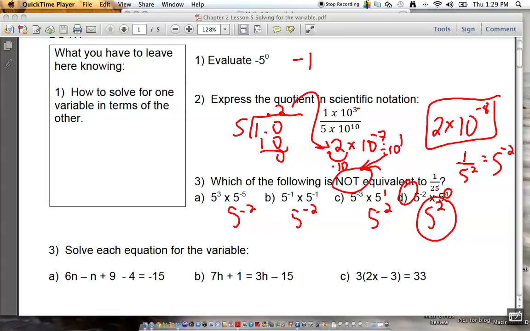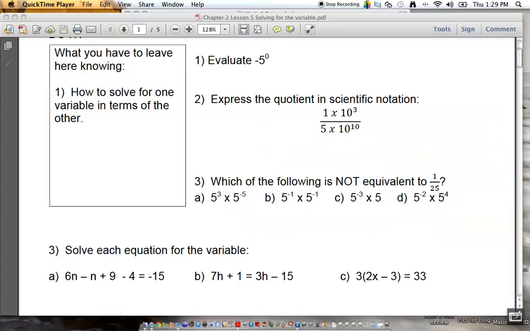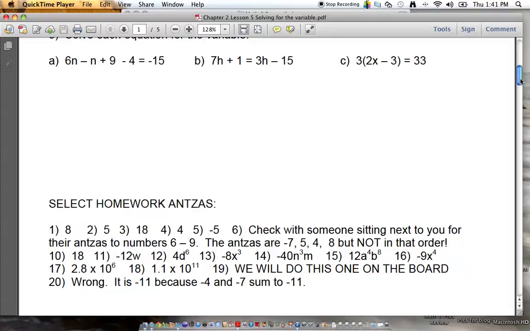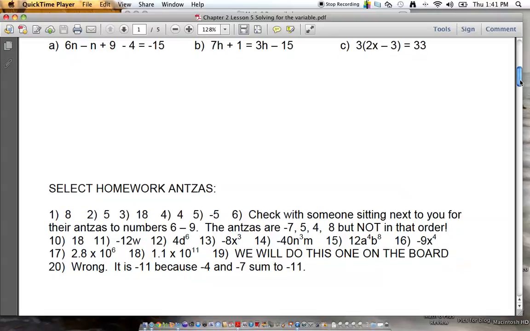Okay. Now we go to number 3. And you know, I looked at a couple of papers, and I didn't see these questions done. There's no excuse for not having them done. The class is designed to constantly reinforce itself, to come back again and again to the same topics.